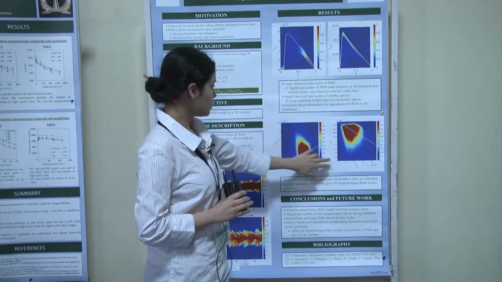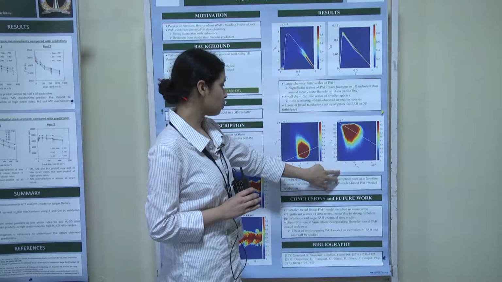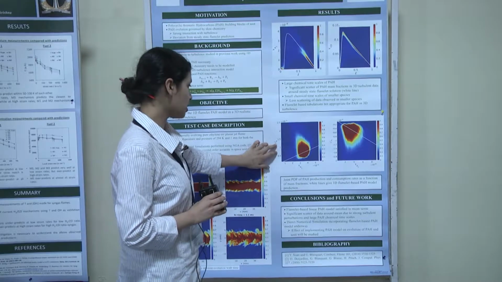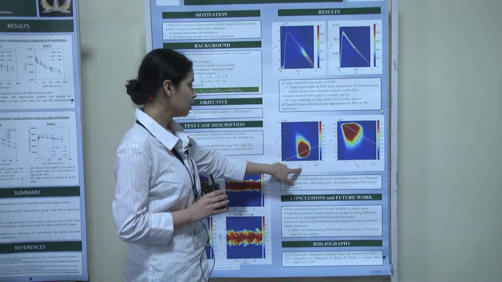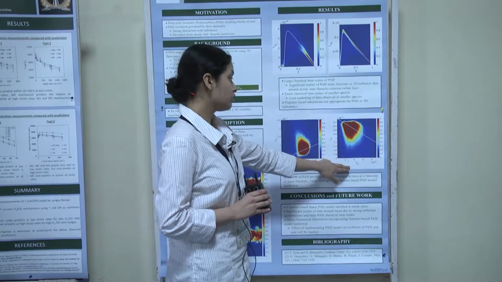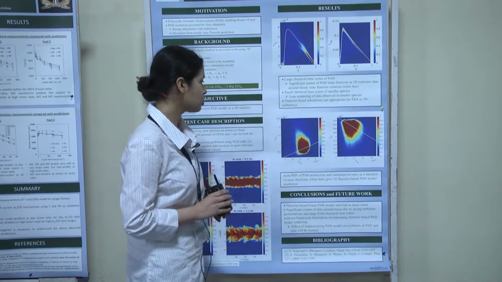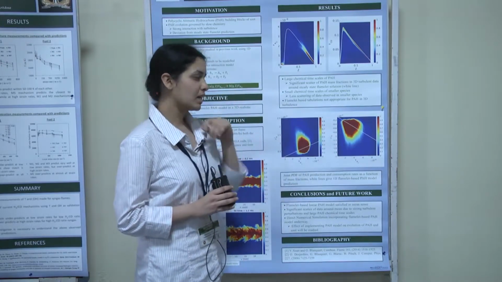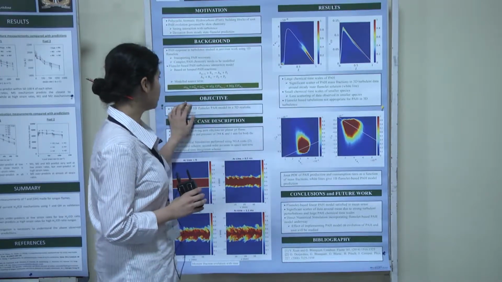These diagrams show joint PDFs of source terms of pH production with respect to mass fraction of pH, and consumption of pH with respect to mass fraction of pH, and the white lines show the steady state flamelet data prediction as given by the model.